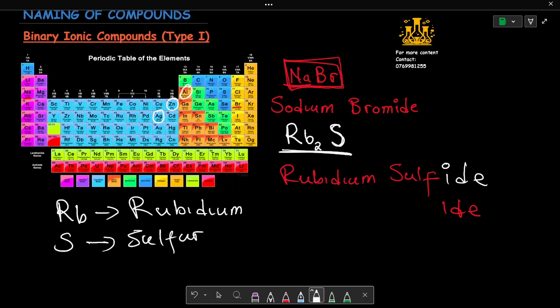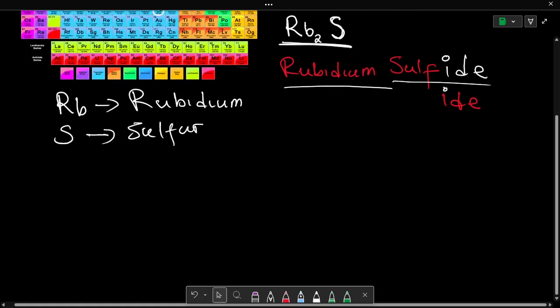Okay, rubidium sulfide. So it's easy. You get the name of the metal as your first part. The second part is the name of the non-metal, but with the ending replaced with IDE.